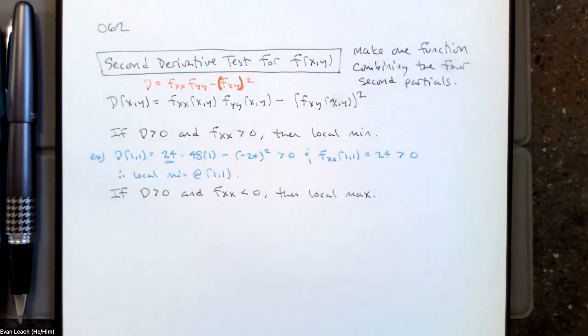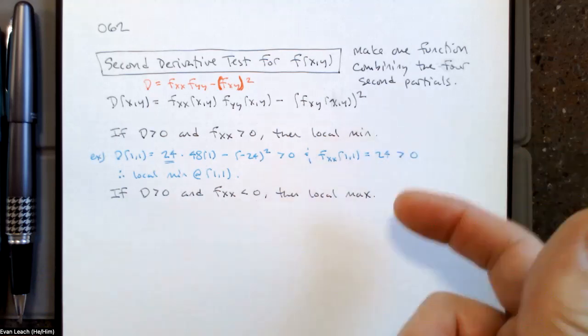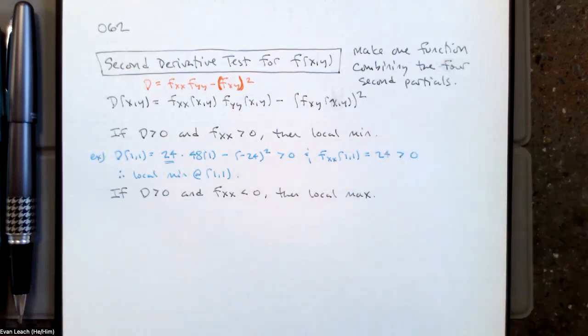But this combined second derivative function, this D function, has to be positive to conclude local maximum. Our example didn't have a local maximum. So it looks like the second derivative part with just the one variable seems to match up, but to conclude local maximum or local minimum, the D function has to be positive.